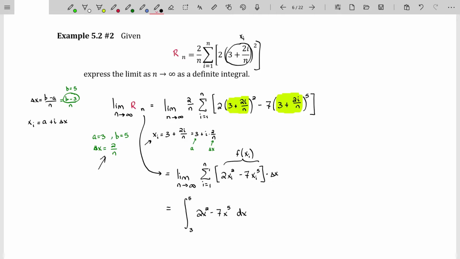Well, x sub I is 3 plus 2i over n, or 3 plus I times 2 over n, because that 3 tells me where my definite integral starts, and then I use that information to help me find out where my integral ends. Anyhow, that is transforming from the limit of a Riemann sum into a definite integral.